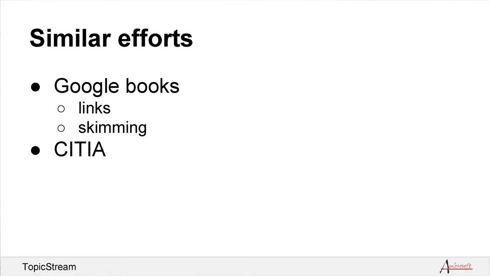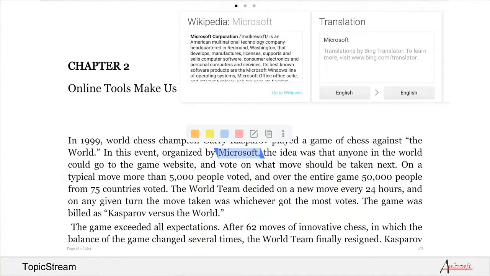Similar efforts to integrate information from outside of the book into the book are, for instance, Google Books, Kindle to some extent, and a company in New York City called Safari, which also has a bunch of interesting ideas.